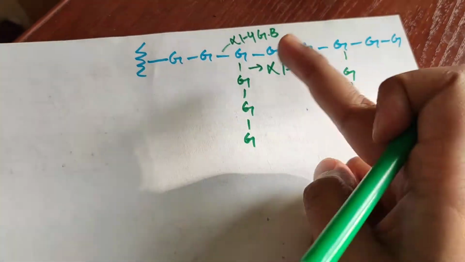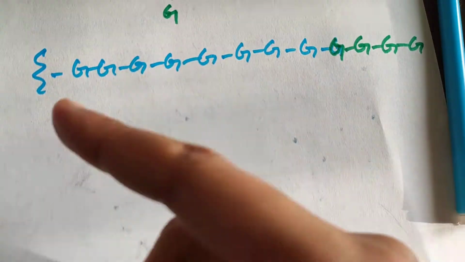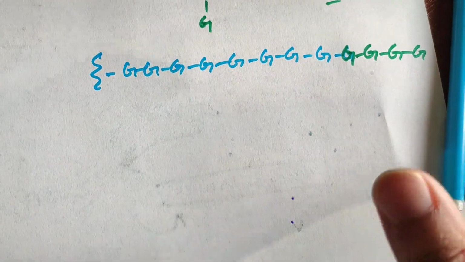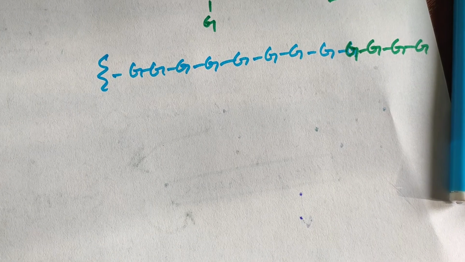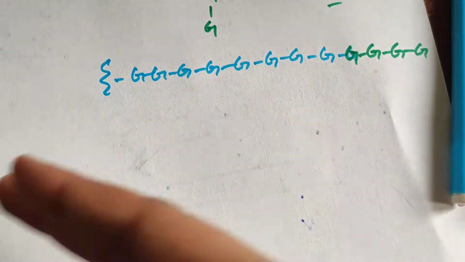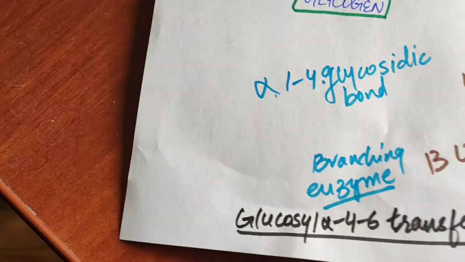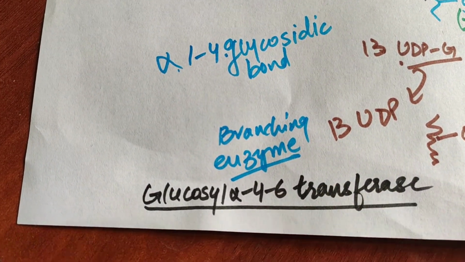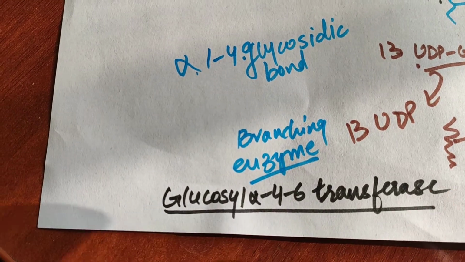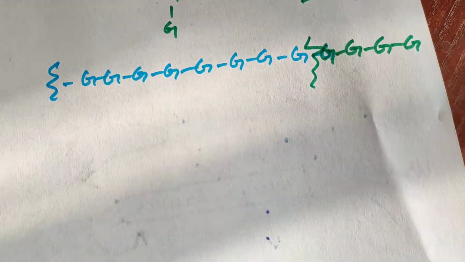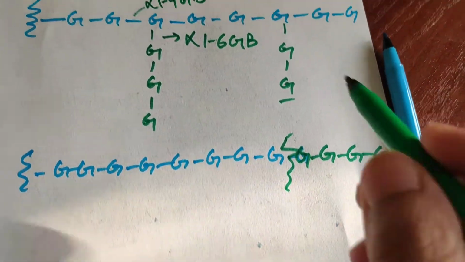Now how did it happen? When there are enough glucose, suppose 11 to 12 or 14 glucose are present in this linear chain through the activity of glycogen synthase, then this enzyme, glucosyl alpha 4,6 transferase, I'll tell you why it has this name, what will it do?